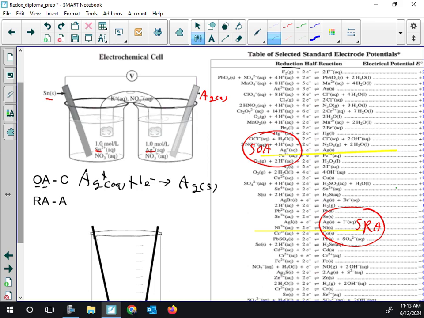We've got to flip that from our table because we need to write oxidation. Nickel solid to nickel. Sorry, my line's a little low. It's the tin, not the nickel. Quickly fix that. Sorry about my yellow line being a little bit low.